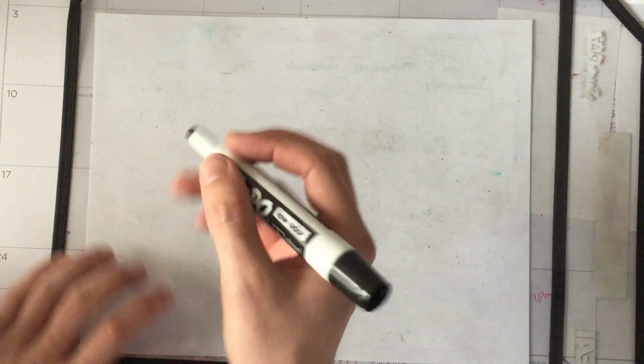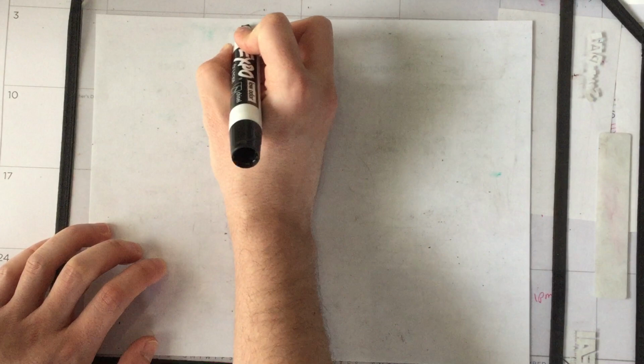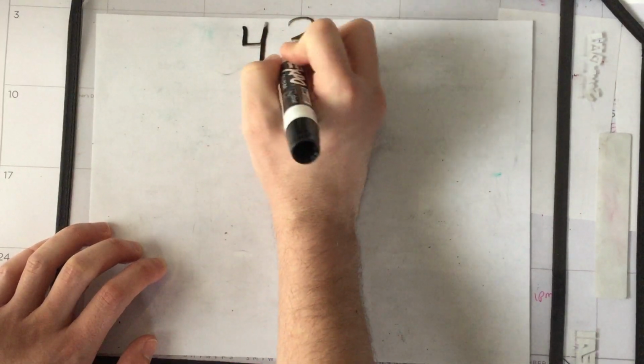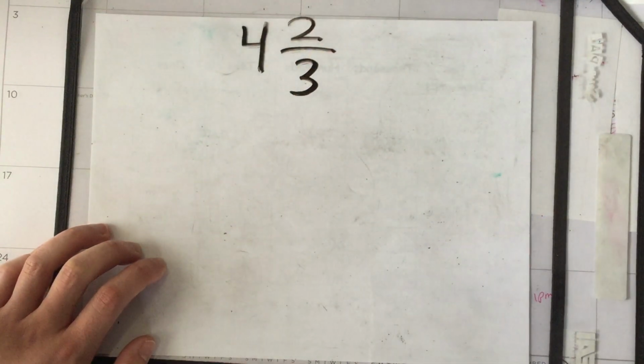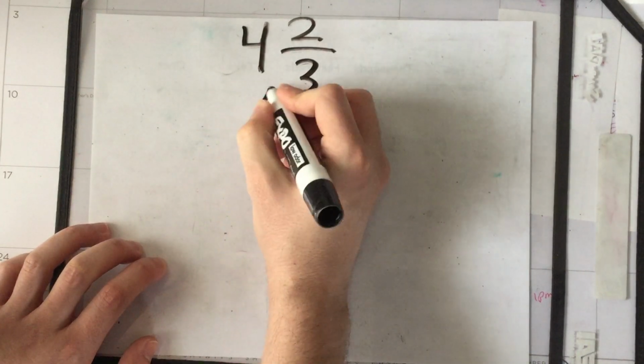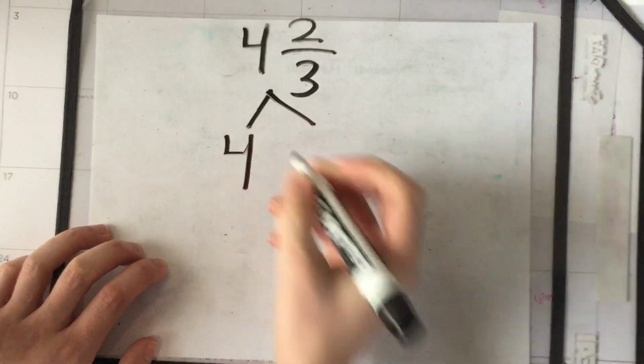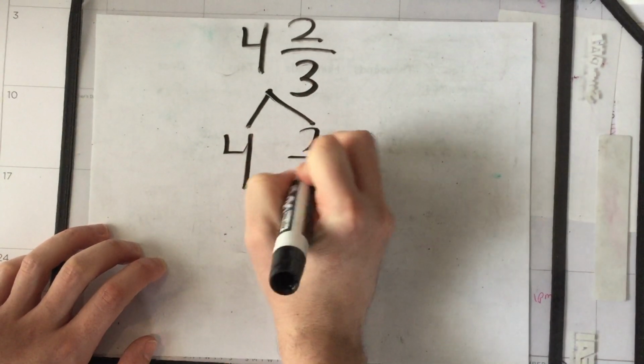Let's do 4 2/3. So we're going to break this up into the whole number and the fraction.